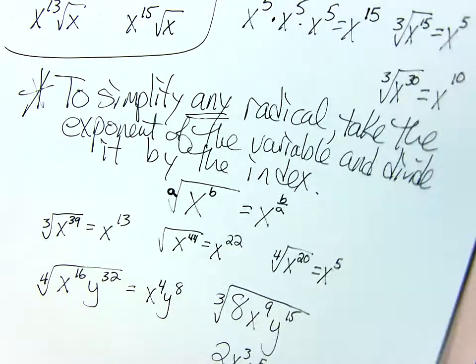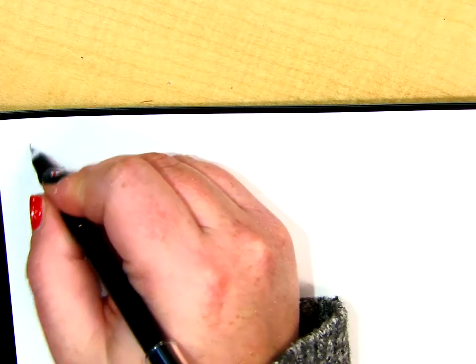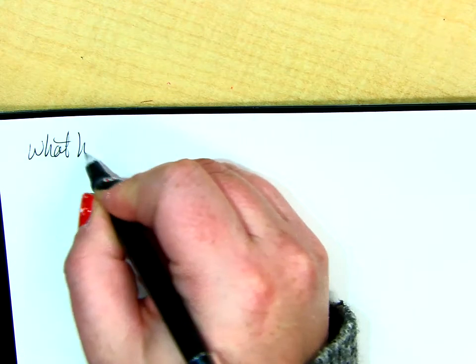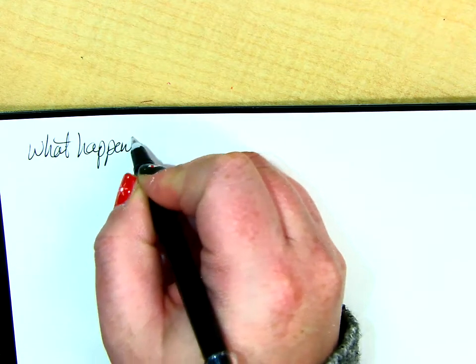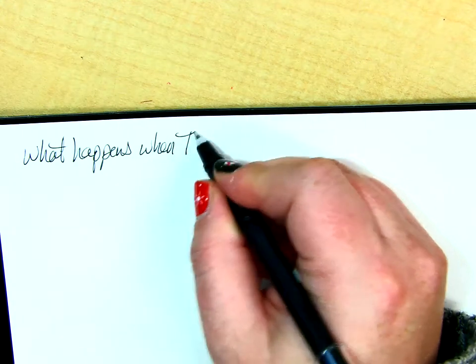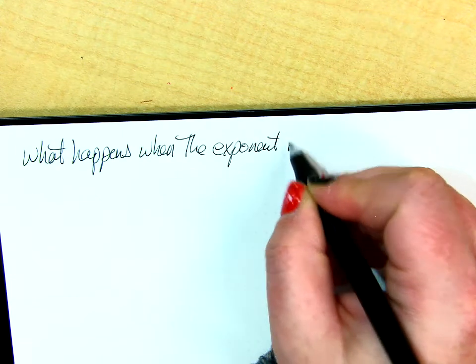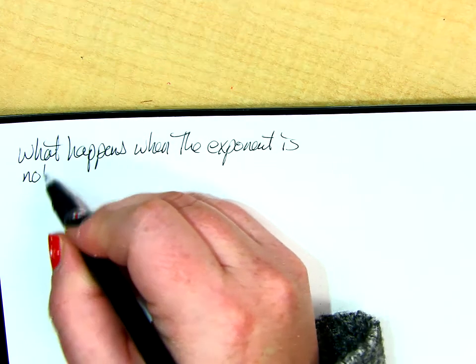Okay, so I'm going to start a new page. What happens when the exponent is not divisible by 3?